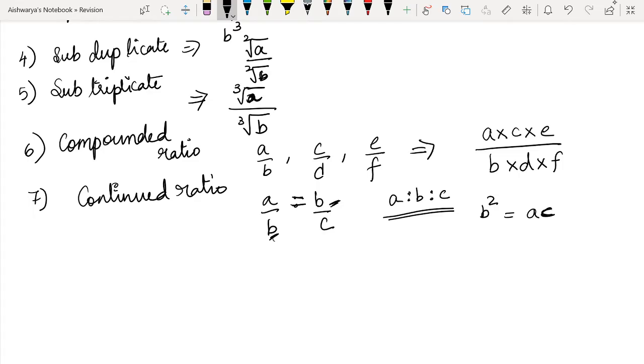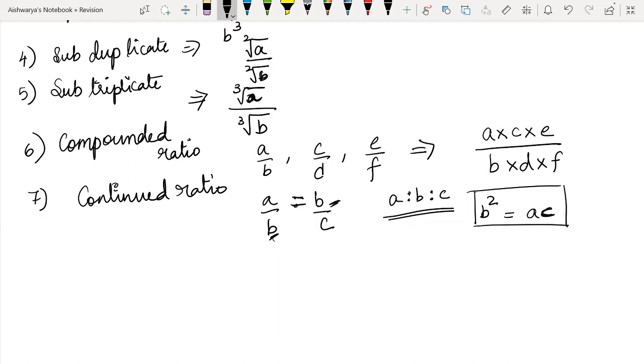B square is equal to AC. So this is a very, very important conclusion out of this. The square of the middle term is equal to the product of the first and the last term. This continued ratio will come both in this as well as in proportion.